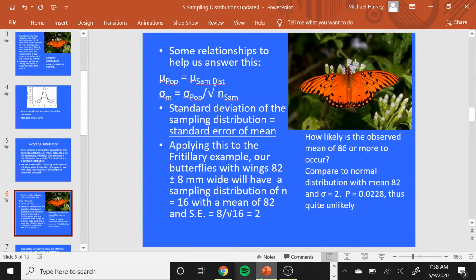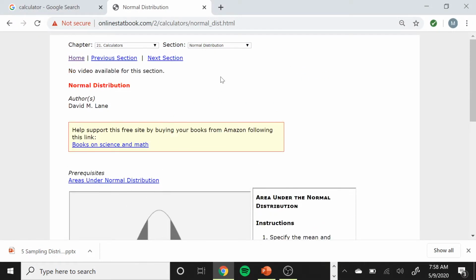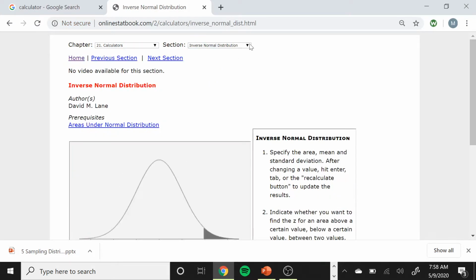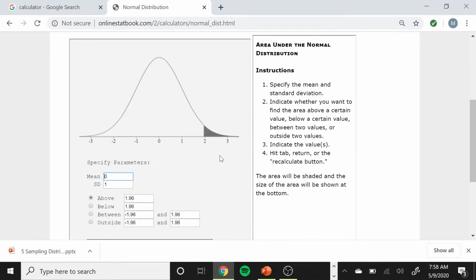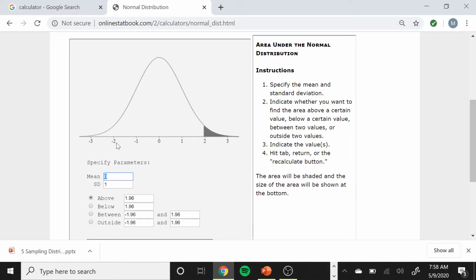So now we can go back and model this. I'm just going to start this one over again so we can do it from the beginning. We'll go back and forth between a couple here to erase it. Again, what we're generating here is we're going to model sampling distributions of the mean of these Gulf fritillaries.